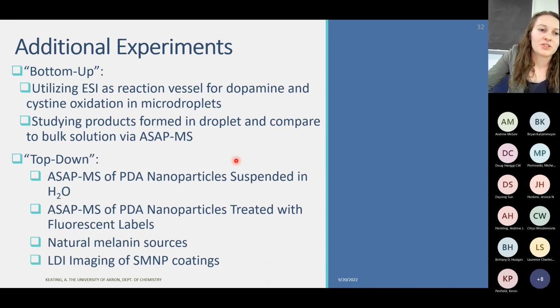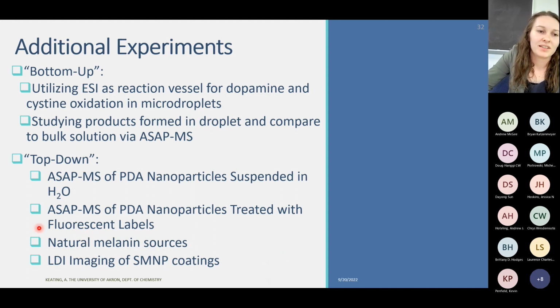We're also interested in top-down, and I've done quite a lot of work on this using ASAP of these nanoparticles suspended in solution, and then those same nanoparticles treated with fluorophore labels to see if covalent linkage was happening between the fluorophore and the nanoparticle. I've looked at natural melanin sources through MALDI and ASAP, as well as laser desorption imaging of the coatings they create.